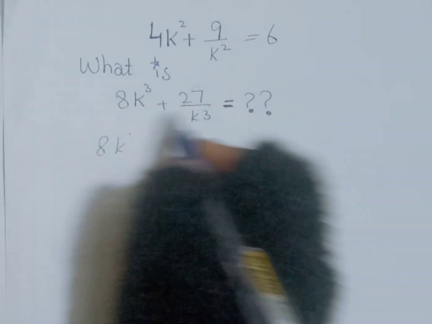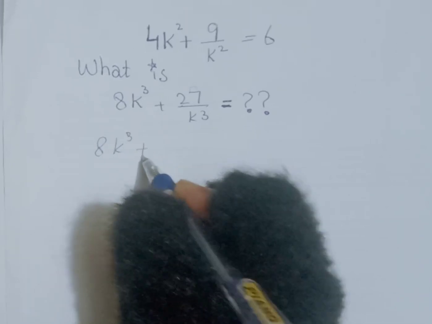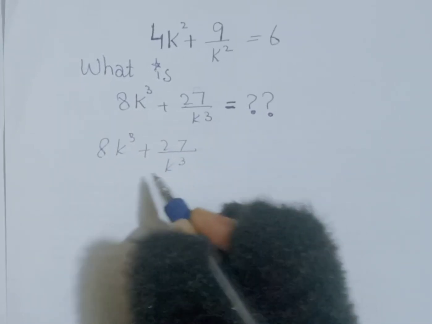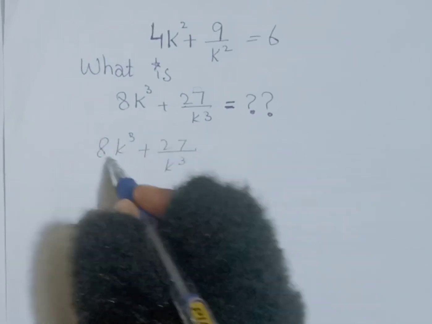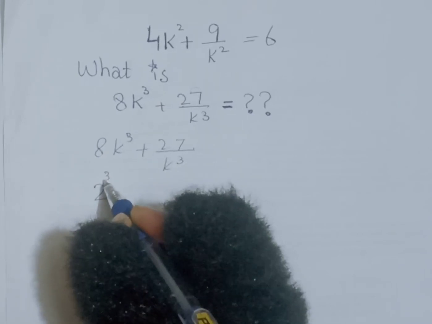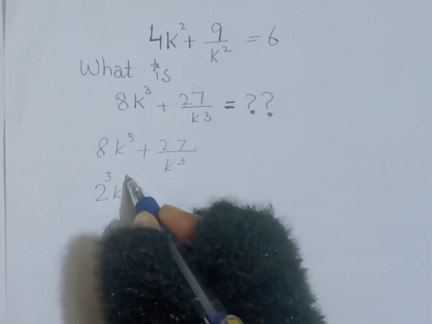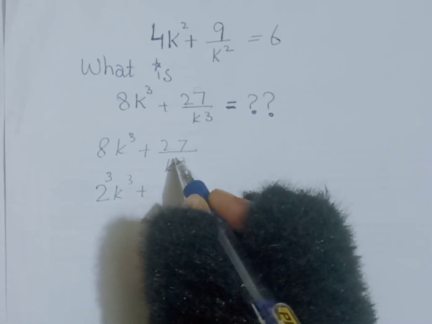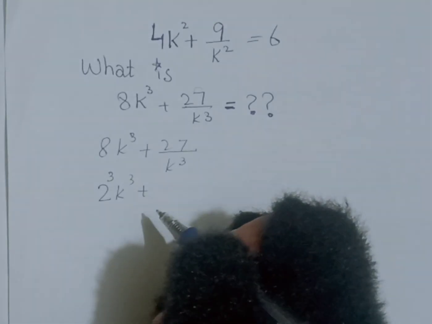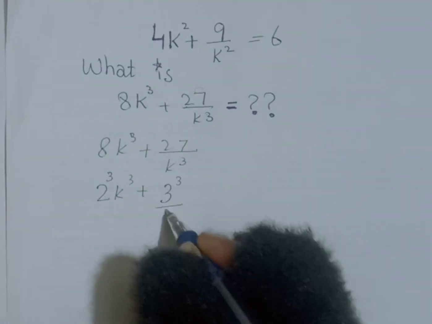This is 8k cube plus 27 over k cube, and we write 8 as 2 raised to power 3, which is also equal to 8, and we can write 27 as 3 raised to power 3 over k cube.